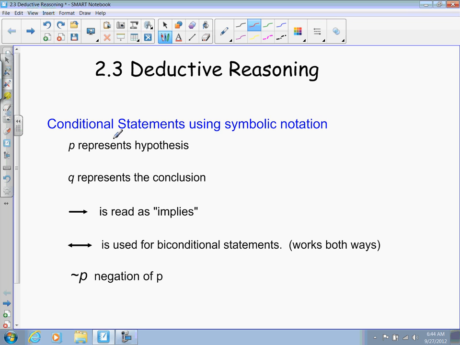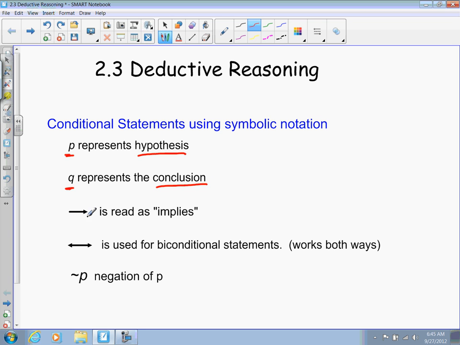A conditional statement, now mathematicians like to be efficient. So rather than writing all those words that we've been doing the past couple of days and you get a little bit frustrated, we can do something to write these statements faster. We have this symbolic notation where we're going to use P to represent the hypothesis. That's usually the first part that comes. Q represents the conclusion.